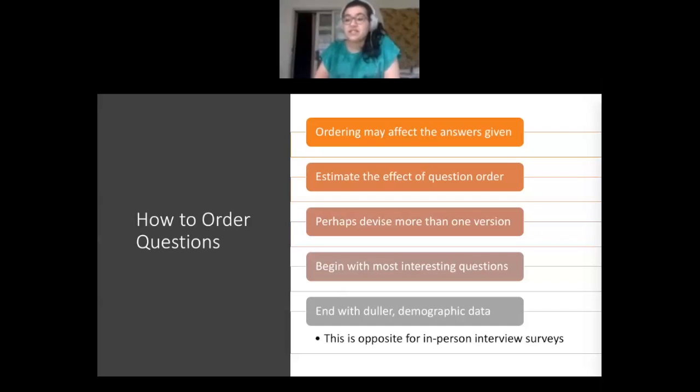And when they have that fatigue and tiredness of answering questions, they're just filling out their demographic data at the end, which makes it easier for them to do, right? Because we know that information about ourselves very well. But this is the opposite with in-person interview surveys. You want to establish a rapport and build up to the questions when you're doing in-person surveys.